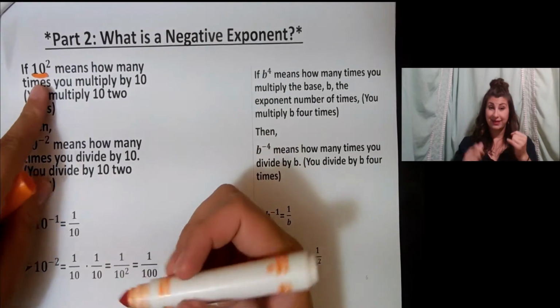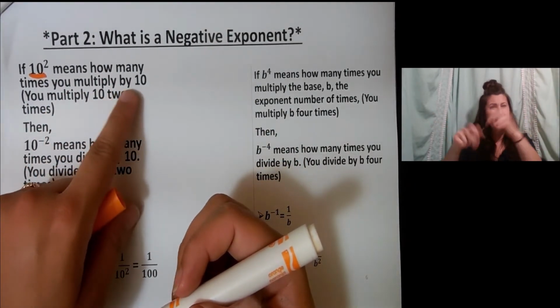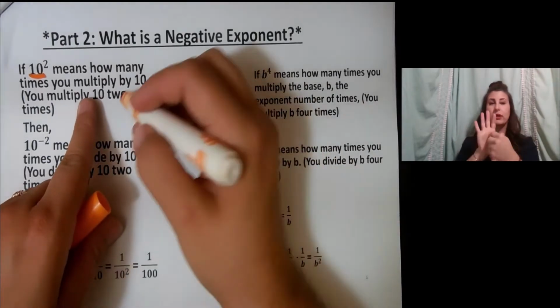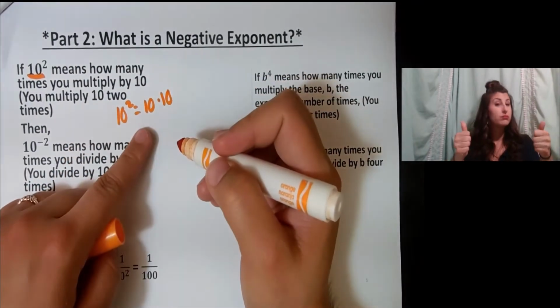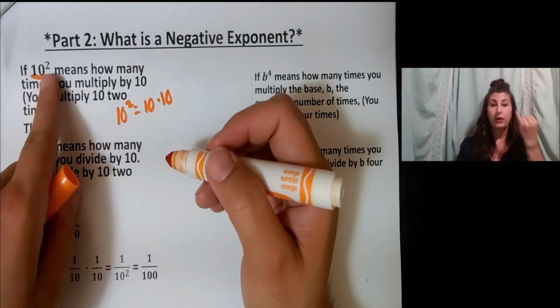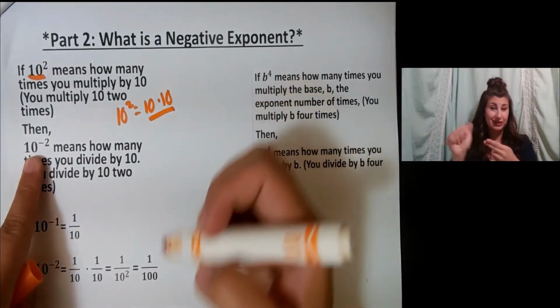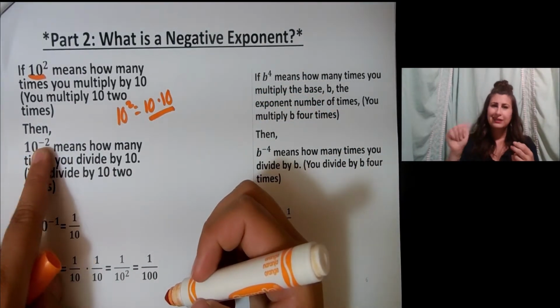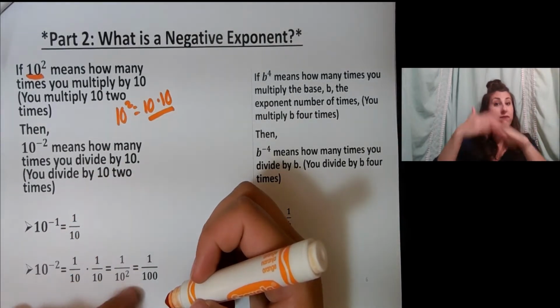If 10 squared means how many times you multiply by 10, for example, 10 squared equals 10 times 10. So if 10 squared means how many times you multiply by 10, then 10 to the negative 2 means how many times you divide by 10.